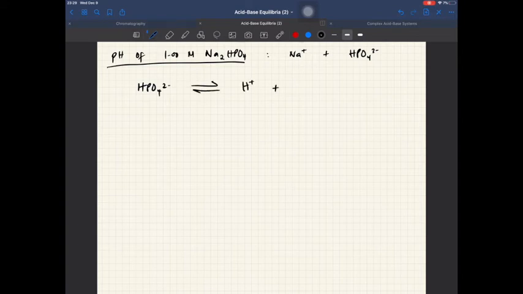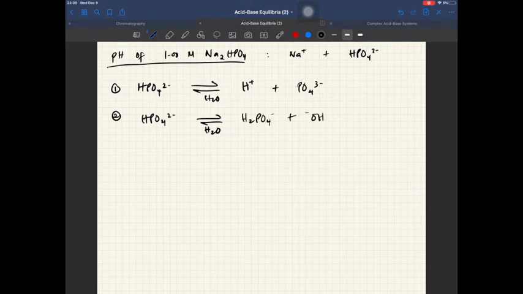We have hydrogen ion and phosphate ion which are formed. But take note that this can also undergo hydrolysis. This one reacts with water to form dihydrogen phosphate and hydroxide.